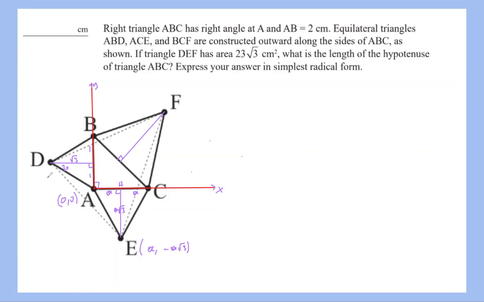So point D has to be, since this is to the left of (0, 0), negative root 3 comma 1. So that is my other point. These two weren't too bad so far, but finding the coordinates of F is a bit challenging, I guess, because we don't have nice horizontal or vertical lines going on here.